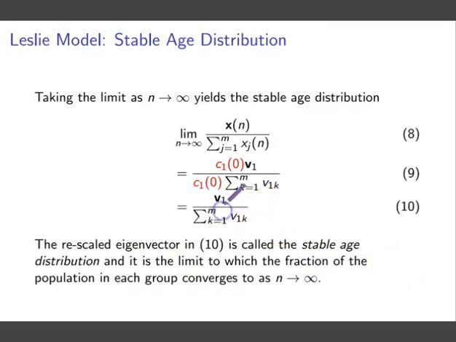And that's exactly what expression number 10 is telling us. v sub 1 is a whole eigenvector, and every entry of that eigenvector is divided by the sum of all its entries, and that's what's explained here. Expression 10 is a kind of limiting distribution, and it is the fraction to which the population converges as the time step goes to infinity.